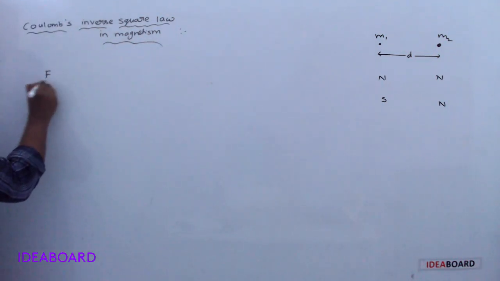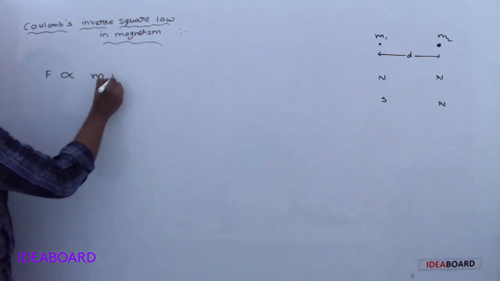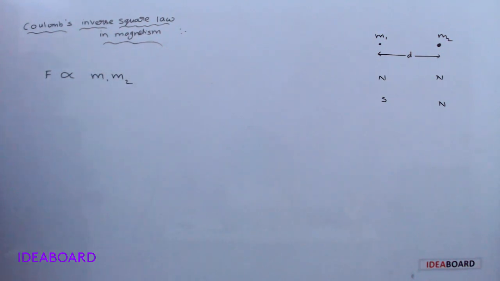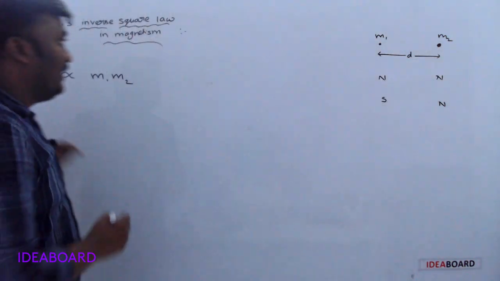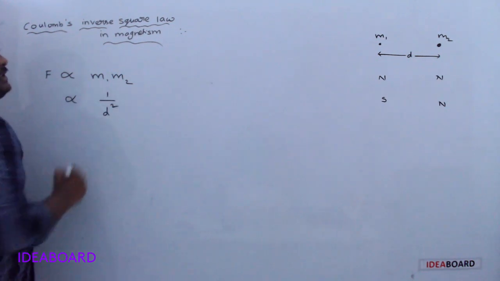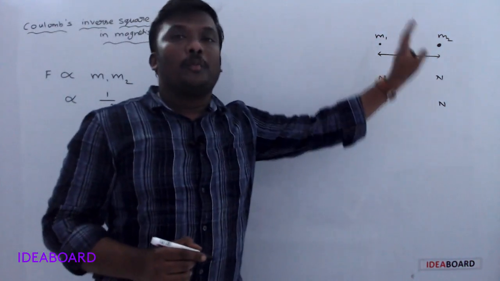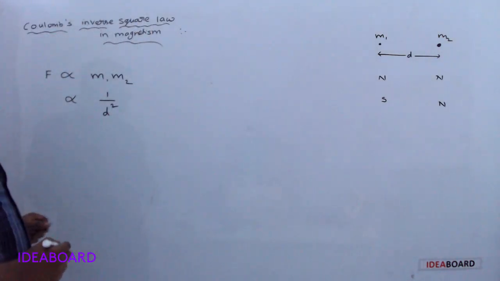The force of attraction or repulsion between the two poles is directly proportional to the product of the magnitudes of the two pole strengths and inversely proportional to the square of the distance between them. What is Coulomb's inverse square law?